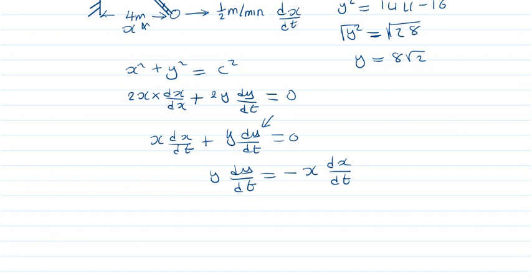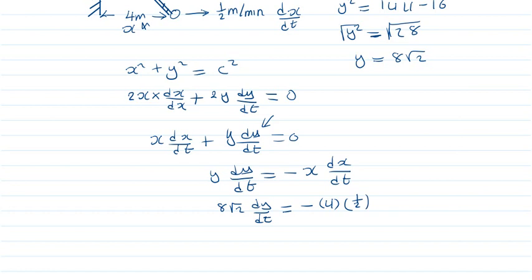For y, we found it to be 8 root 2, so 8 root 2 dy/dt is equal to negative x, which we found to be 4, given in the question. Then the rate at which x is changing is also given as 1 over 2 meters per minute.